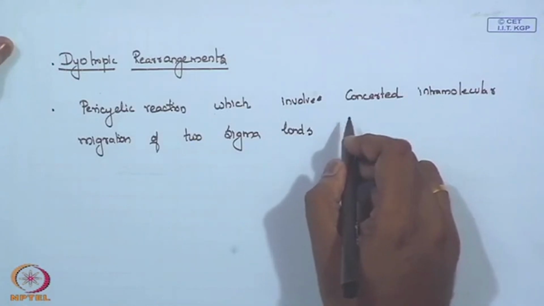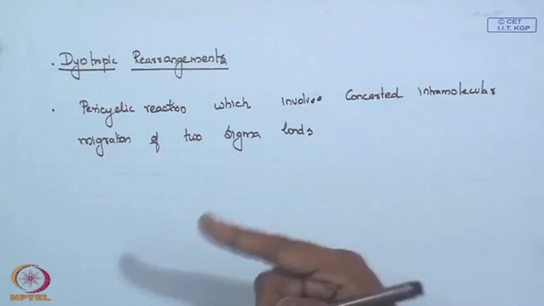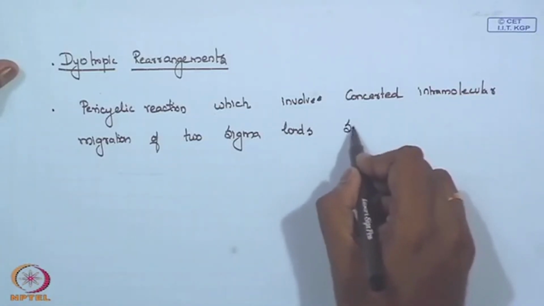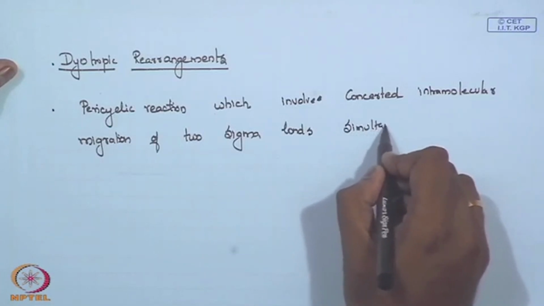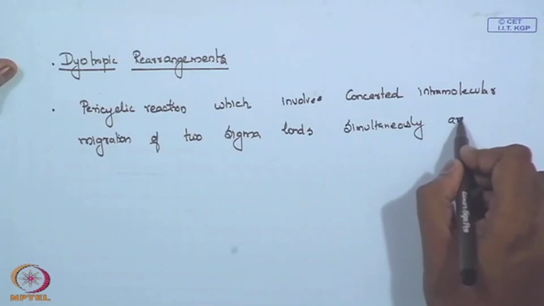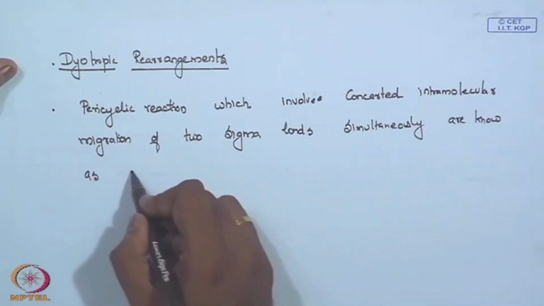Very important. It should be concerted, it should be an intramolecular migration of two sigma bonds simultaneously. Such reactions are known as diatropic rearrangements.